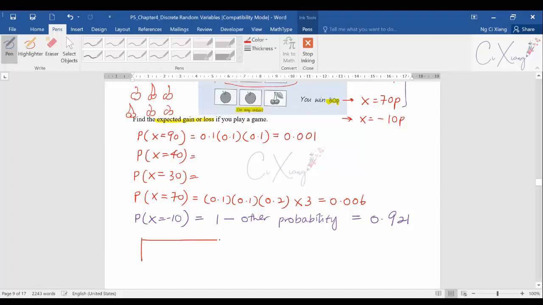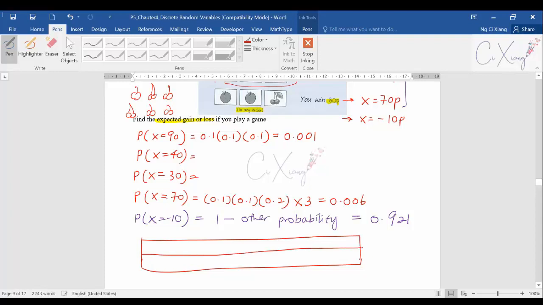So these are the steps to find the probability here, and after that you can form a probability distribution table. Okay, so maybe you can pause the video here, try to complete the steps on top first, and double check whether you get the same value or not. Okay, so maybe I start with negative 10, then 70, 30, 40, 90.